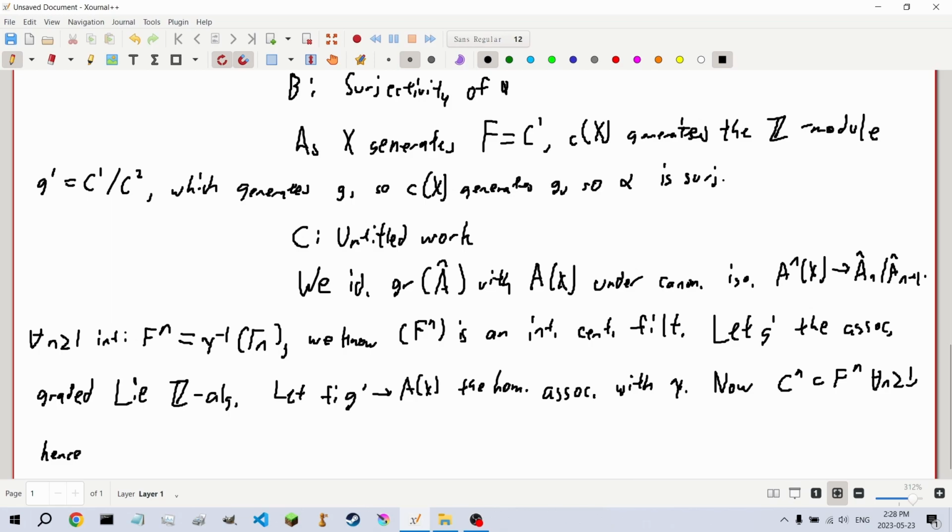Hence, we have a canonical homomorphism epsilon of G, as the direct sum of our C to the n over C to the n plus 1, into g prime, as our sum of F to the n over F to the n plus 1.